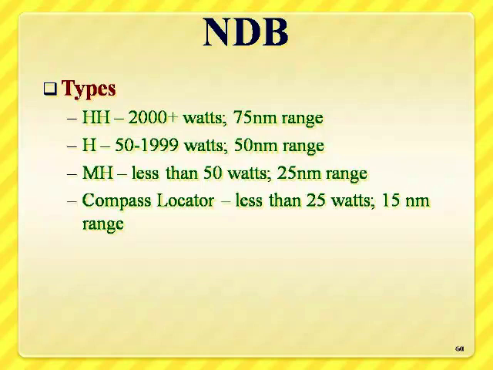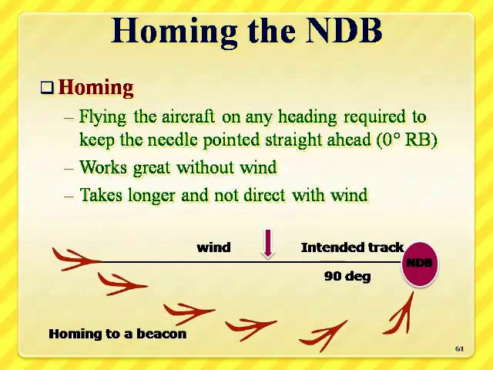MH is less than 50 watts of radiation covering a range of 25 nautical miles, and a compass locator will be placed which will radiate less than 25 watts of power, and hence the range it can have is 15 nautical miles.